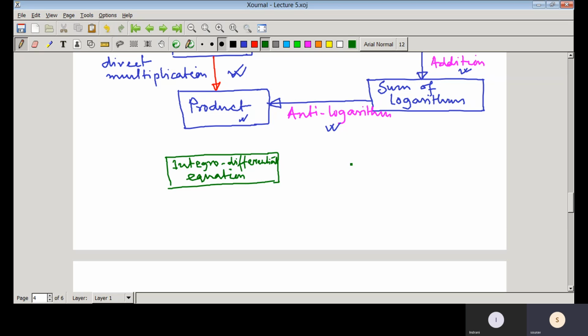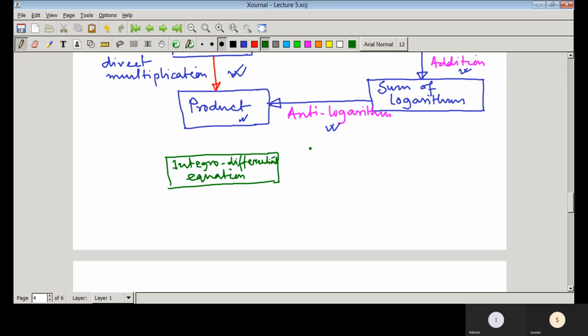Like in an RLC circuit, whenever you write that KVL equation, it would be V equal to IR plus L di by dt plus 1 by C integral of i dt. So it consists of derivative and integral. That is called an integral differential equation.